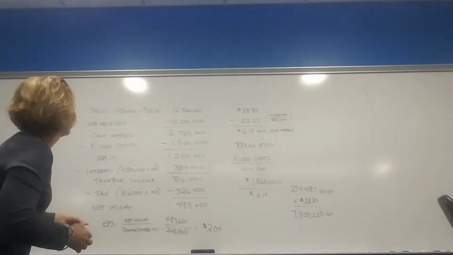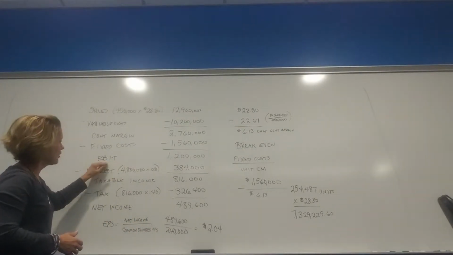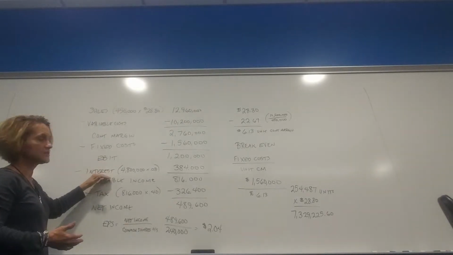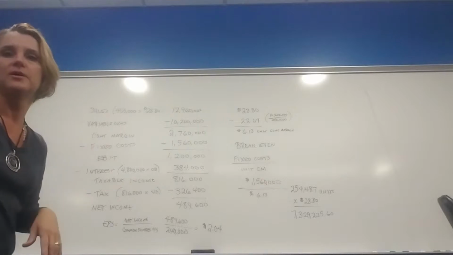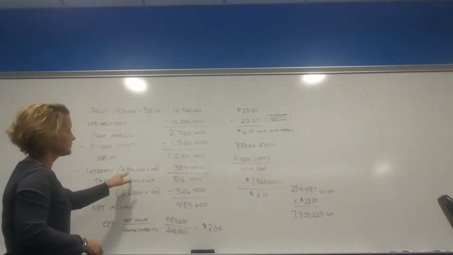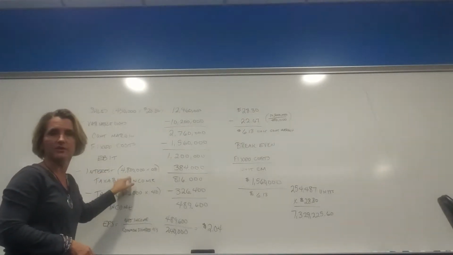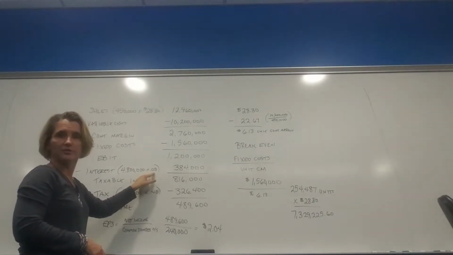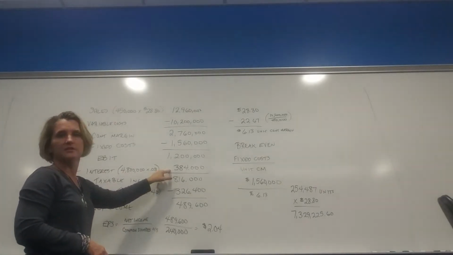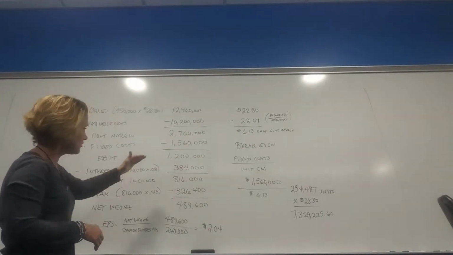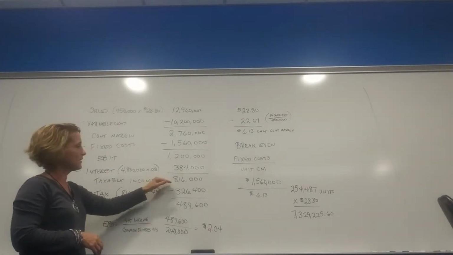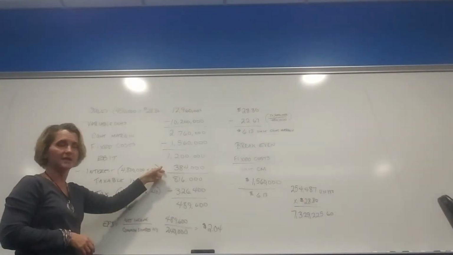Then from our earnings before interest and tax, now we have to calculate our interest. So if we go back to the problem, it tells us that there's $4,800,000 of debt at an 8% interest rate, so that's $384,000 of interest. We'll subtract that out because that again is deductible from a tax standpoint.